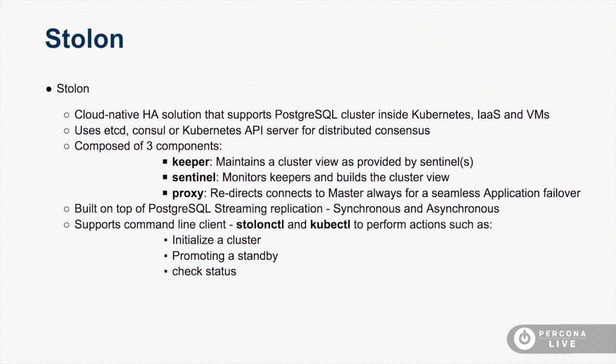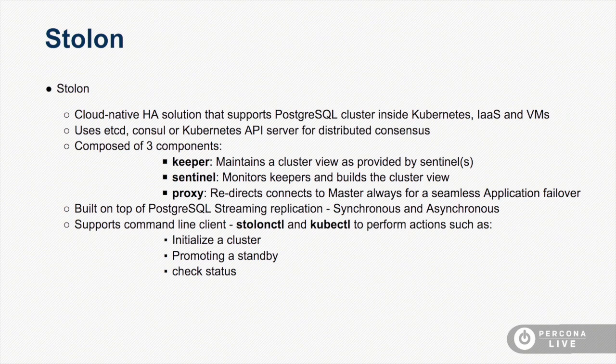Stolon again works on the same distributed consensus, the way Percona relies on etcd, right? It again relies on etcd or Consul or the Kubernetes API server, and it has got a keeper that maintains a cluster view, and a Sentinel that monitors the keepers and decides whether to perform a failover or not, right?